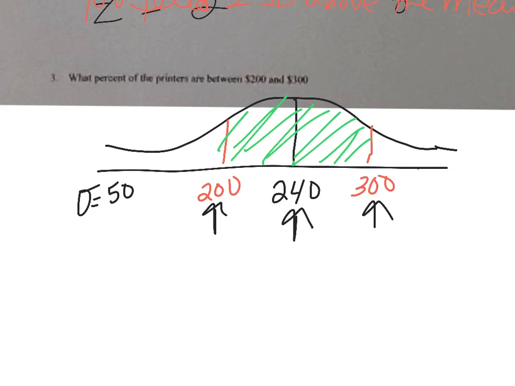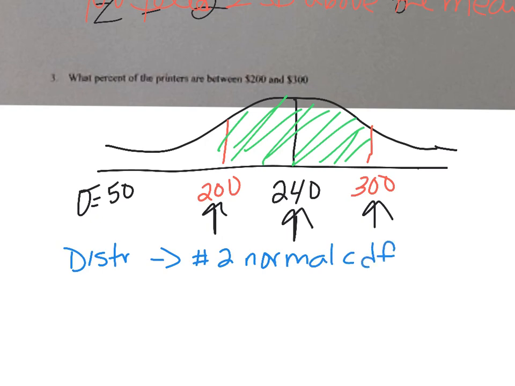Okay, so same thing, you're going to press distribution. Okay, so press the distribution button again. Same thing, you're going to go to number 2, that's the normalcdf. Okay, so 2. And now your lower number will be 200. That's this guy. It's your lower bound. So type in 200, press enter.